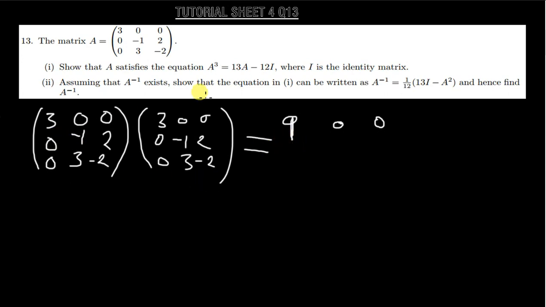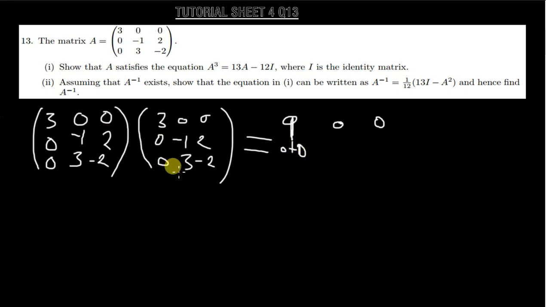So this will be 0 times 3, that will be 0. So I'll put my 0 there. Negative 1 times negative 1, I will get a positive 2, or positive 1, sorry. Oh, I think I've made a mistake. This is 0 times 0 times 3, I'm getting a 0. Then negative 1 times 0, I'll still get a 0 there.